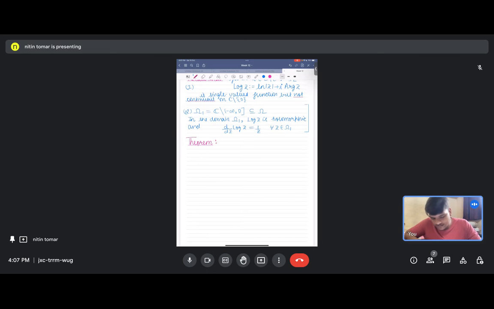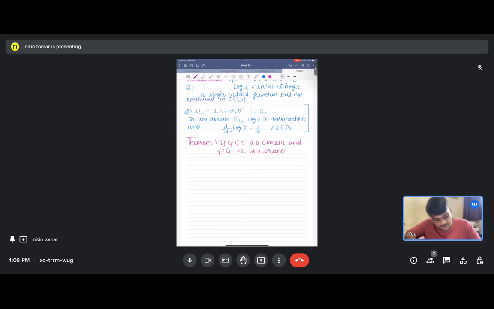So the theorem is: if G is a domain in C, and f is a branch of logarithm, this is a branch of logarithm.